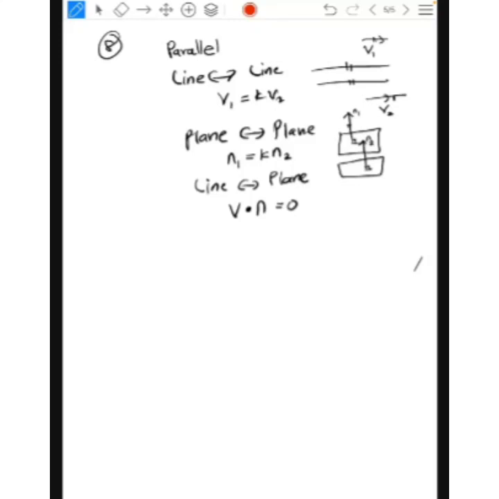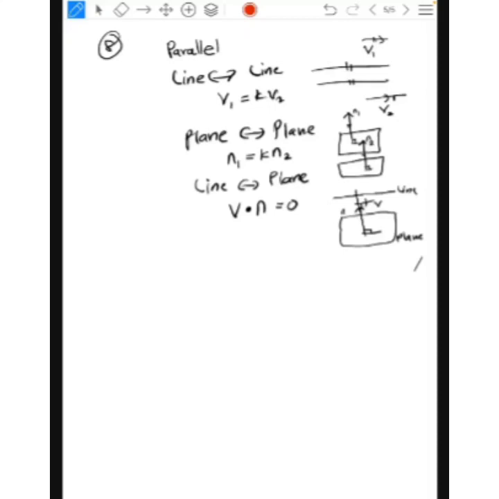Tetapi untuk line and plane, let's say you have a line here and you have a plane here. For this line, you have the vector v, but for this plane, you have the vector n. In order for the line and the plane to be parallel, the v and the n must always be 90 degrees.